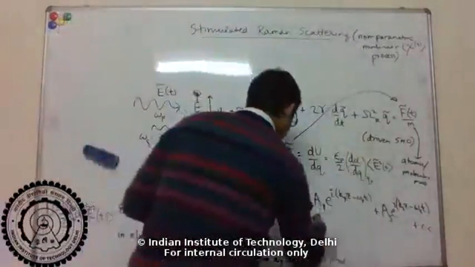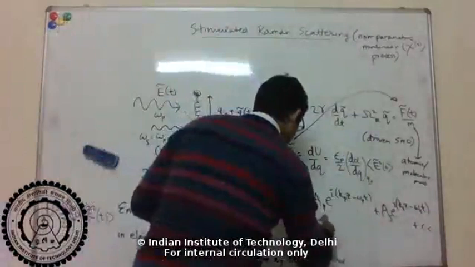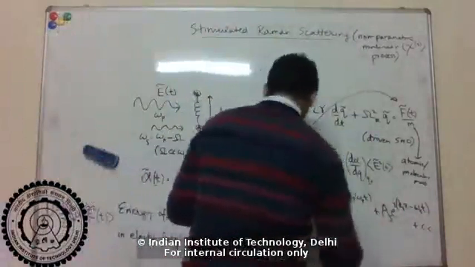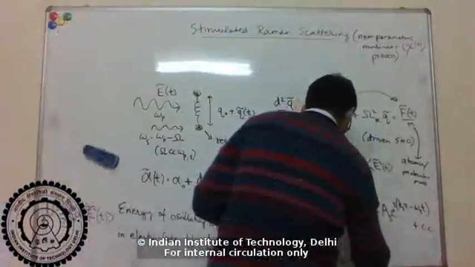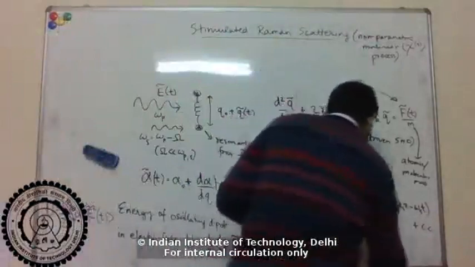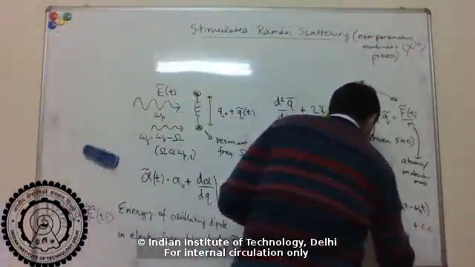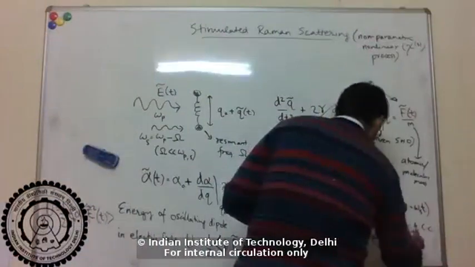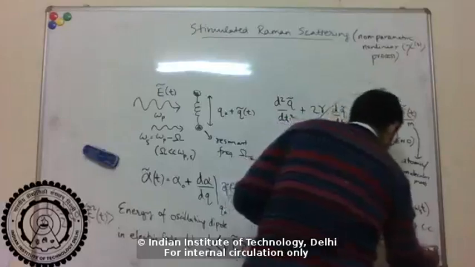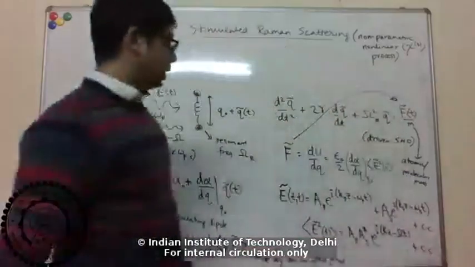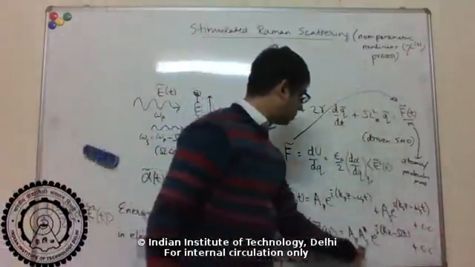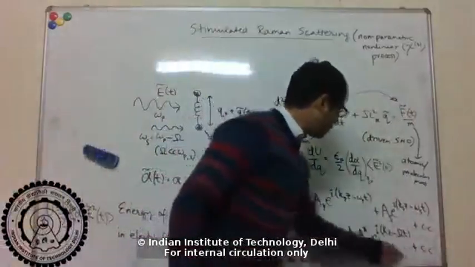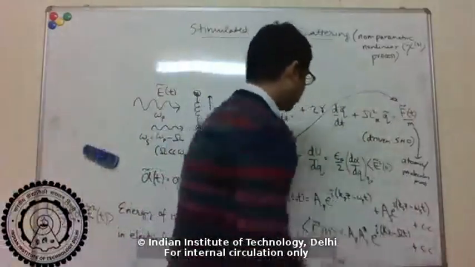So what I'm saying is this. The AP AS conjugate e to the i (capital K z minus capital omega t) plus complex conjugate. So the only thing that survives the average over time is the slowly varying one, right? And what is capital K?